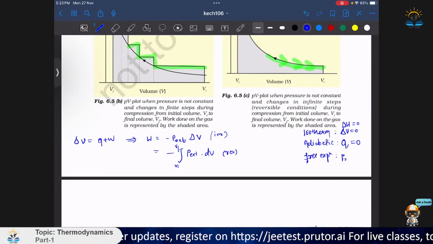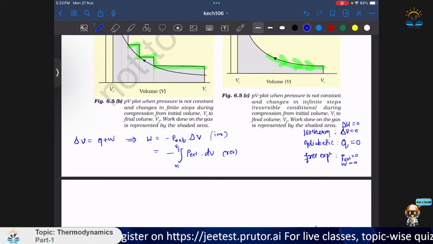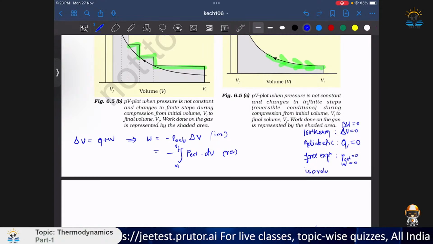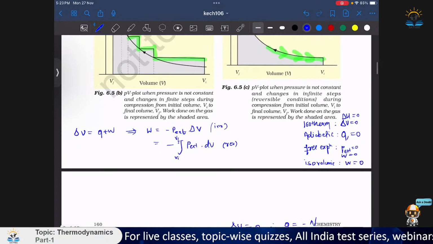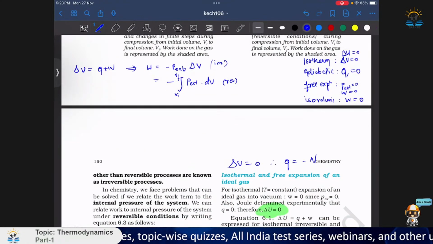P external is 0, therefore W is equal to 0. And isovolumic, here also work done is 0 because there is no change in volume. Right. So these things you need to remember.